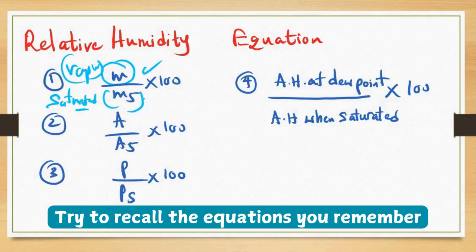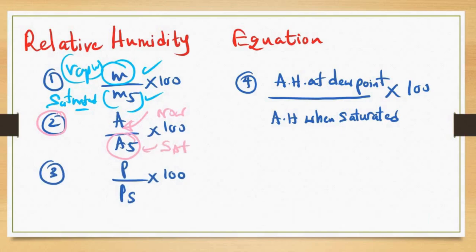So the current vapor mass divided by the saturated vapor mass, multiplied by 100, gives the relative humidity. The second one is from absolute humidity. Here A means absolute humidity, the current absolute humidity, divided by the absolute humidity when saturated. Multiplied by 100, we get the relative humidity.